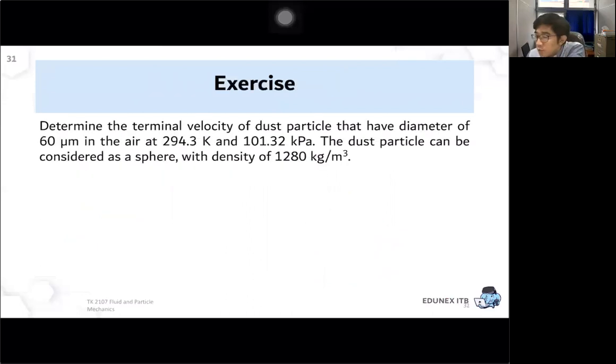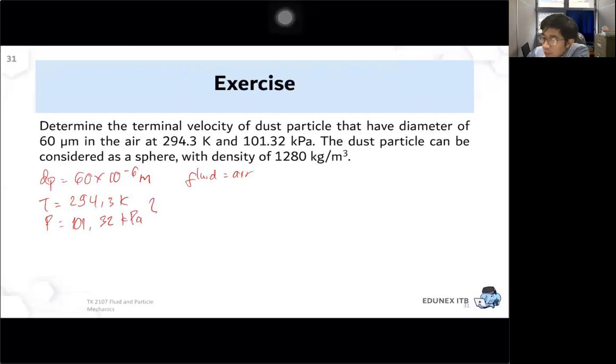Okay, so this is for the exercise. You have the particle diameters, and then the temperature of the air. So the fluid is air. The temperature is 294.3, and the pressure is this one.